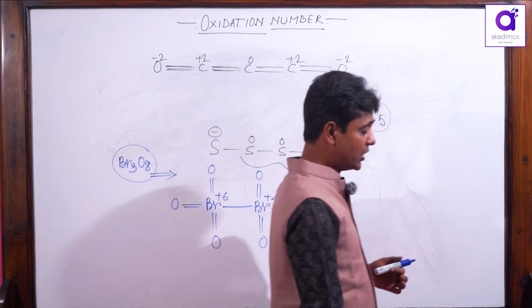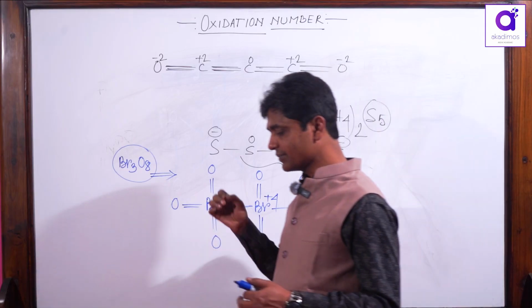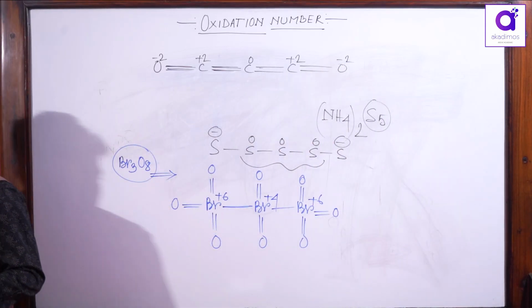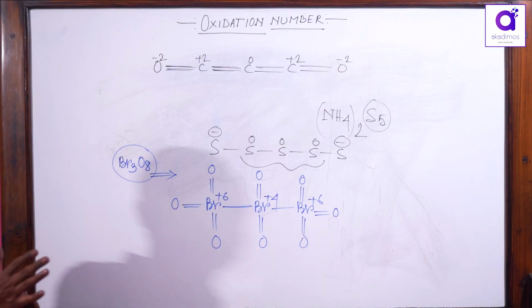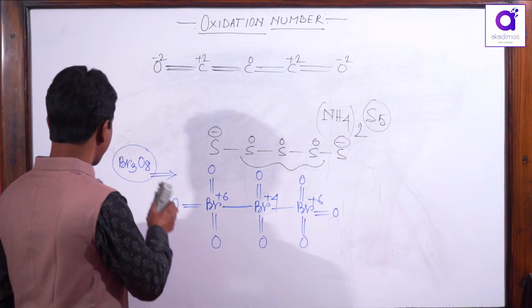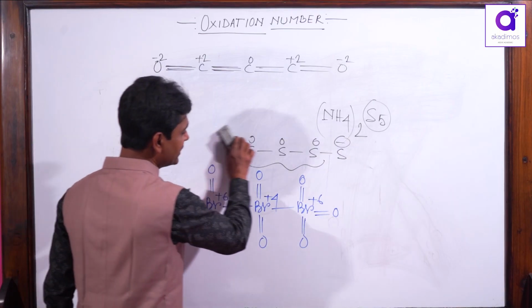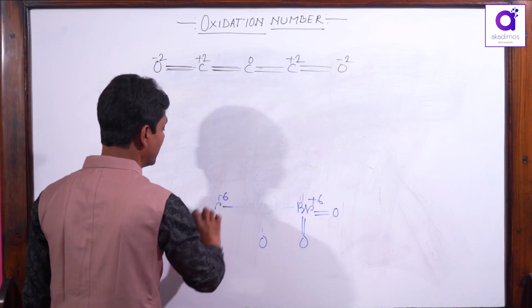But I told you, the oxidation number of an atom in a molecule is never a fraction. Individual oxidation number is never a fraction. A fraction will come just due to averaging, no other reason. Now, you will get minus half only in superoxide. You know, superoxide is O2 minus, never O minus half.